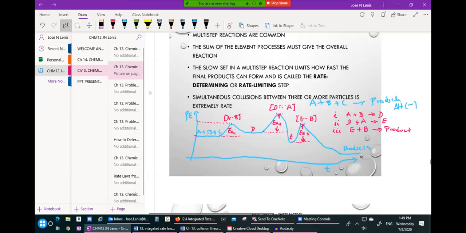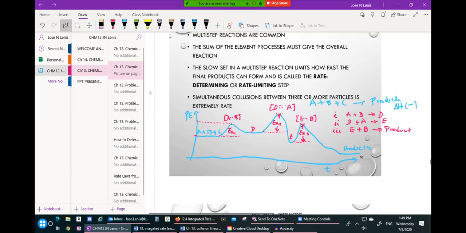From here, if we compare activation energies, we can say which one is the highest. What step has the highest energy? So I can say probably this is the highest. I meant to write this highest. So let's say this activation energy is higher than this, and this is higher than this.